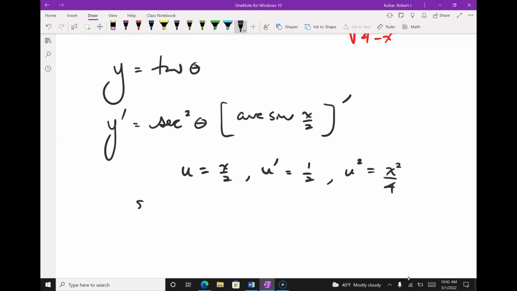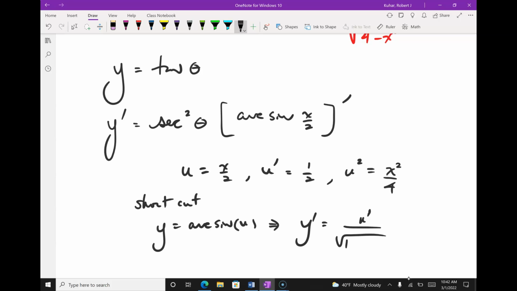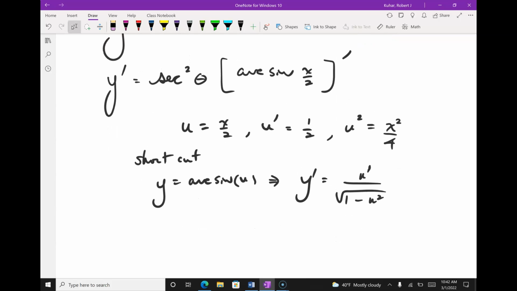From my shortcut, I know if y equals the arcsine of u, y prime is u prime over the square root of 1 minus u squared. So I'm ready to write my derivative. Everybody okay with this box?